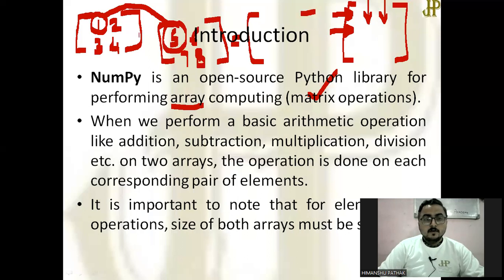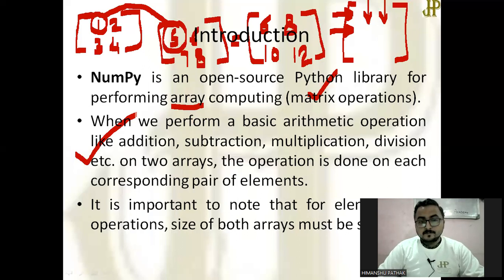1 plus 5 becomes 6, 2 plus 6 becomes 8, 3 plus 7 becomes 10, and 4 plus 8 becomes 12. That's why this line is written here.